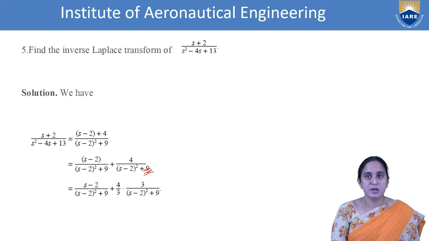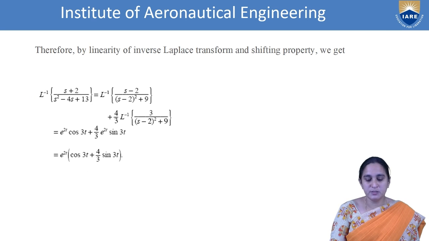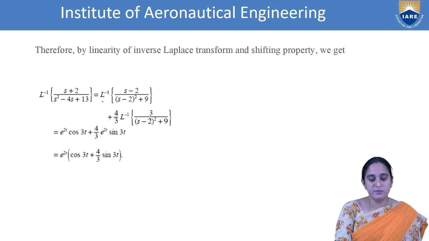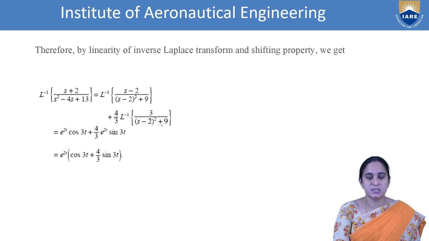That is (s minus 2) by (s minus 2) whole square plus 9, plus 4 by 3 into 3 by (s minus 2) whole square plus 9. By using the first shifting property, again it will convert to Laplace inverse of (s minus 2) by (s minus 2) whole square plus 9, plus 4 by 3 into Laplace inverse of 3 by (s minus 2) whole square plus 9.